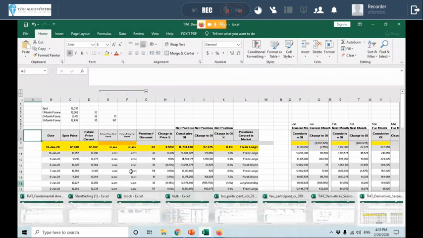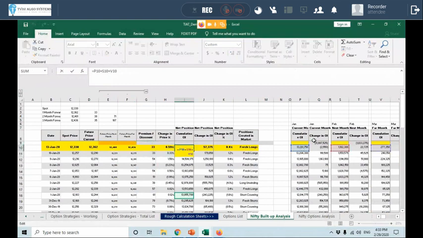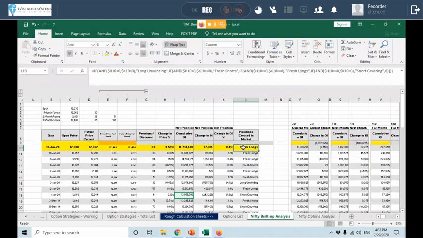Then this is my spot data, this is my futures data. What is the premium and discount? What is the overall cumulative position for all the contracts? What is the change in OI and what is the change in price? Accordingly, I am telling what is happening, whether there is fresh long, long unwinding, short covering or put buying, whatever.